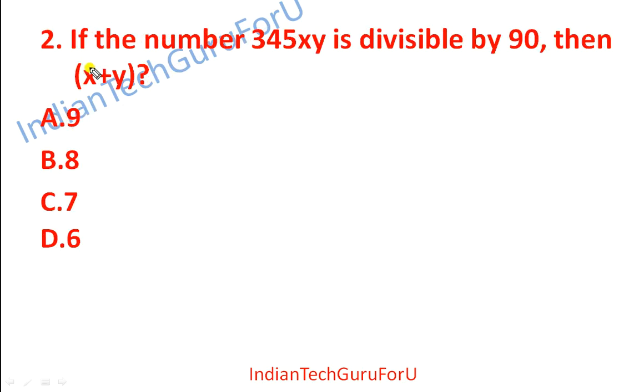Question number 2. If the number 345xy is divisible by 90, then x plus y. So the given number is 345xy. If this number must be divisible by 90, then it must be divisible by both 10 as well as 9, because 10 into 9 is equal to 90.